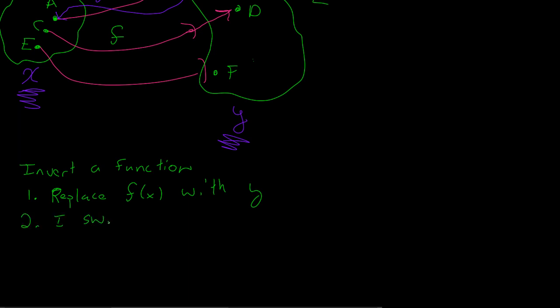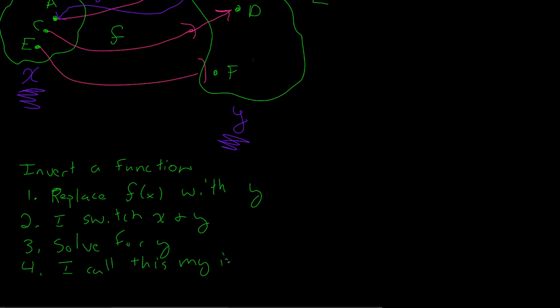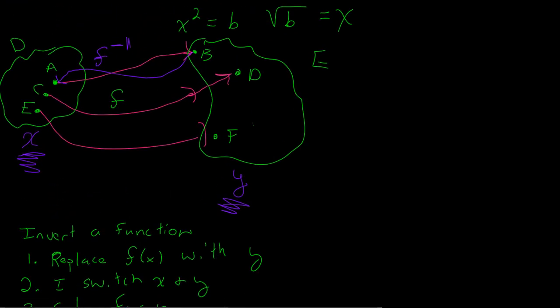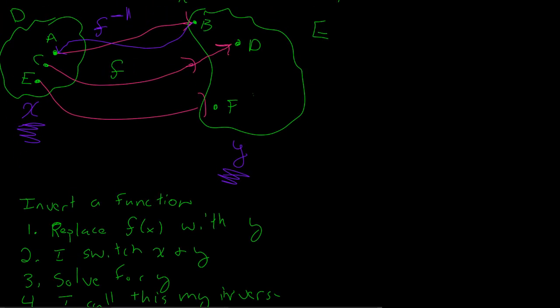I switch x and y. I solve for y. I call this my inverse. So we're going to use a variable trick to write this in a form that's easy for us, and we reverse our mapping. We change our rules backwards.